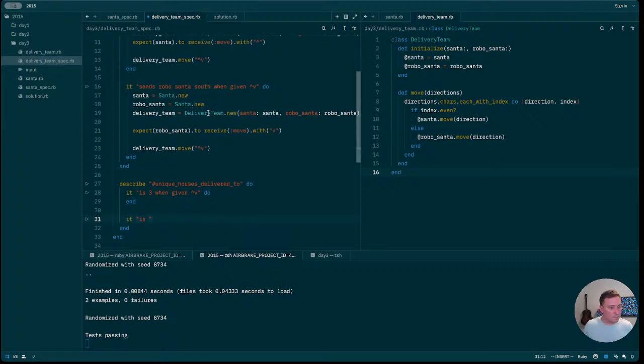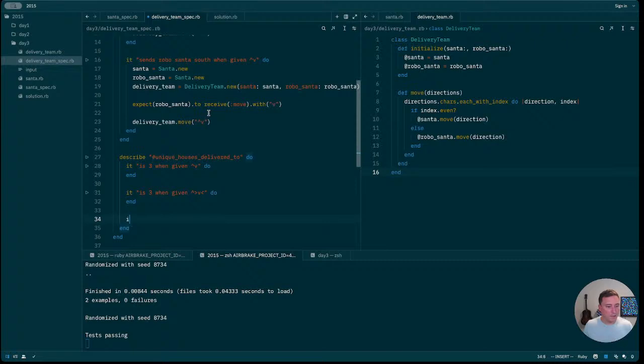It is 3 when given up, right, down, left, and it is 11 when given up, down string.